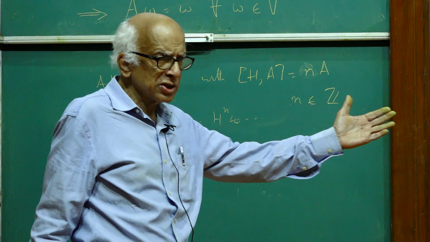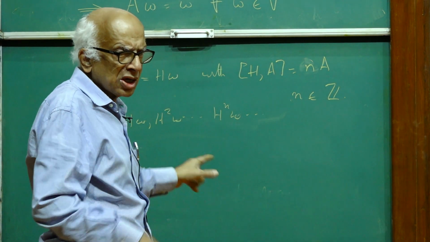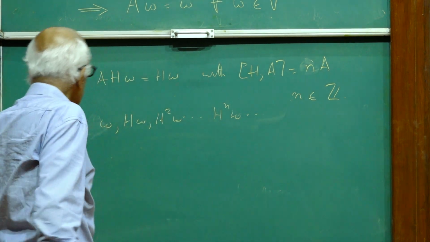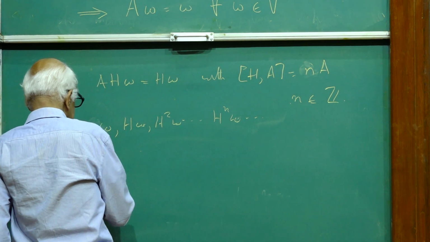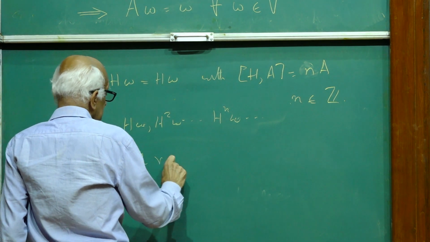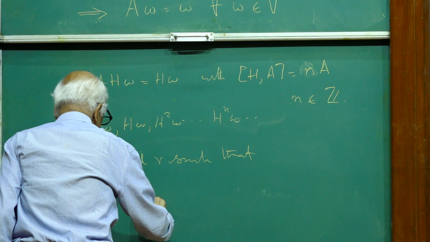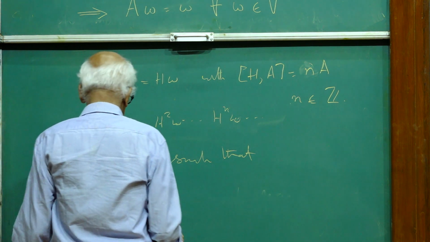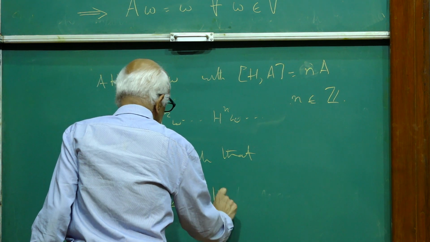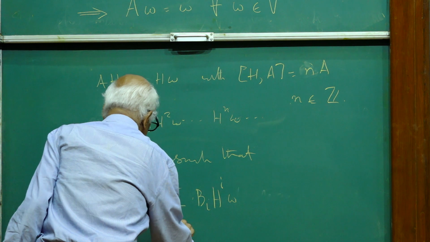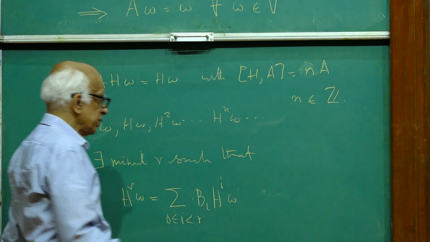Our module is finitely generated, so the module generated by this over Un plus is already generated by something. So you can assume there exists a minimal R such that H to the power R W equals sigma Bi H to the power i W, 0 less than or equal to i less than R, with Bi in Un plus.